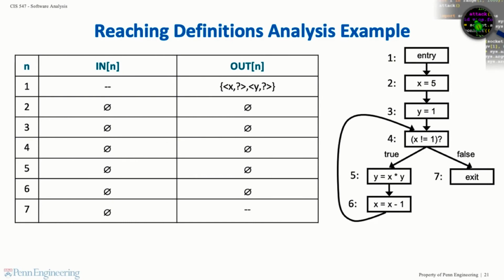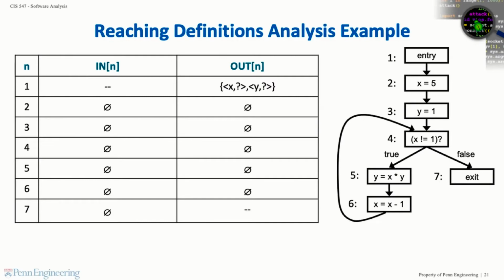Next, let us see how the chaotic iteration algorithm for reaching definitions analysis works on our example control flow graph. We will use this table to track the values of the in and out sets of each of the 7 nodes in this control flow graph.